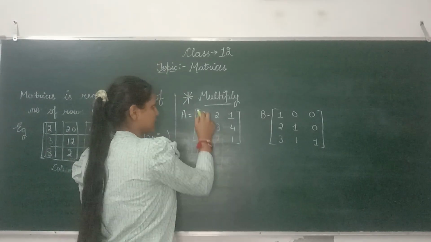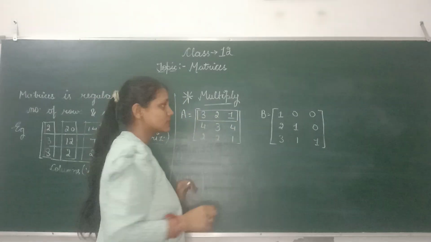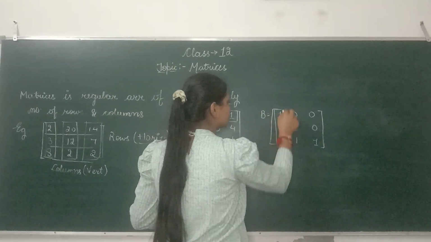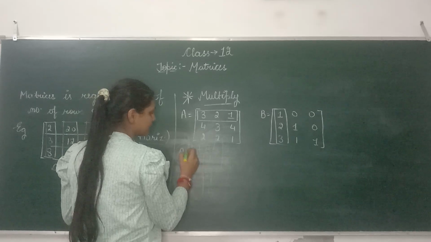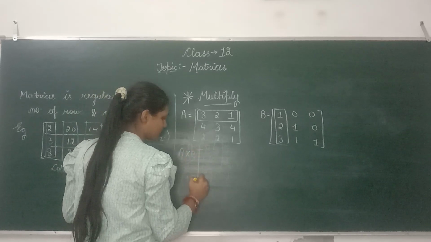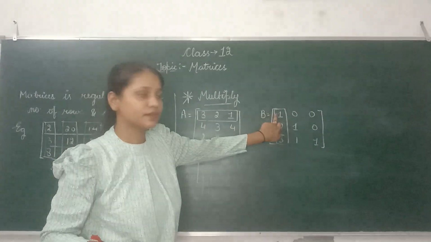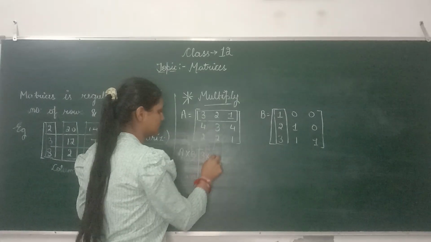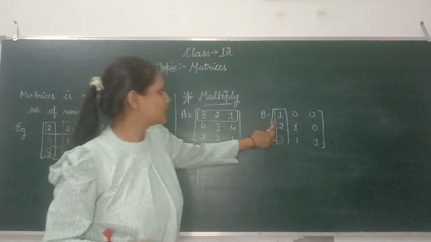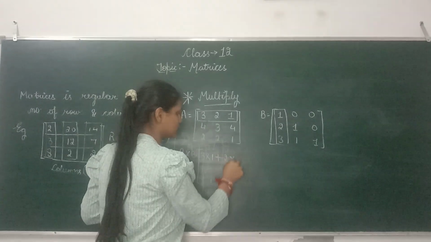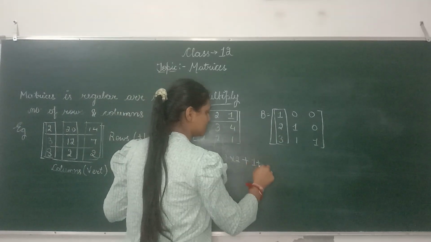In the multiplication, the first row is first of all multiplied with this column. Means A multiplied by B: 3 multiplied by 1 plus 2 multiplied by 2 plus 1 multiplied by 3.